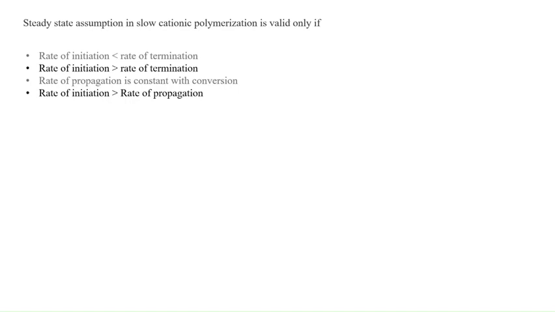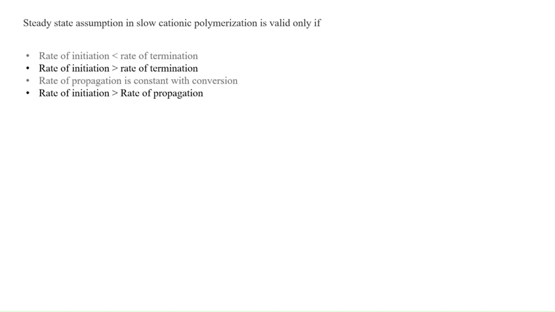First of all, the rate of initiation should be greater than the rate of termination. With that, the concentration of the propagating centers slowly increases throughout the polymerization, reaching a maximum later in the reaction, and then they decrease.